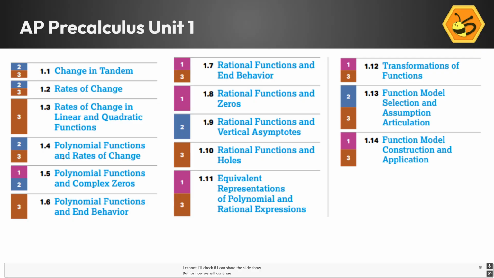So the first unit is polynomial functions, rational functions, and the beginning of regressions. The first topic is rate of change, which most of you are on right now, I'm assuming. After that, you'll move on to polynomial functions, rational functions, then comparing them, and then some regression work. Any questions about what's covered in Unit 1?